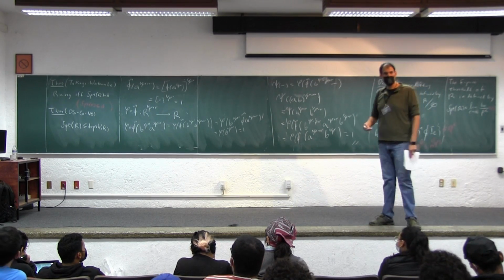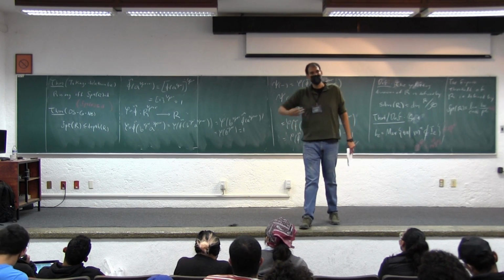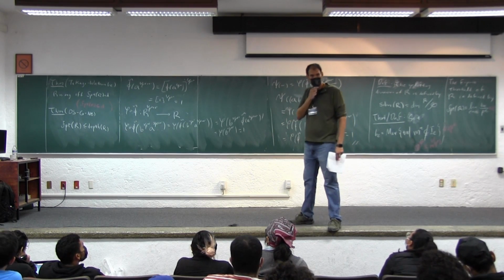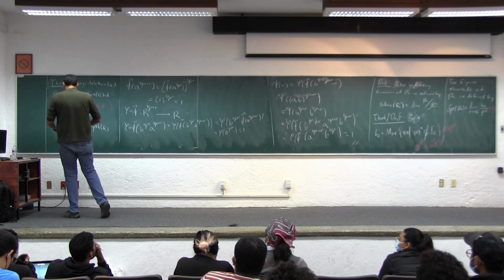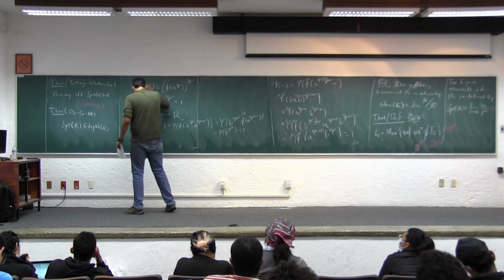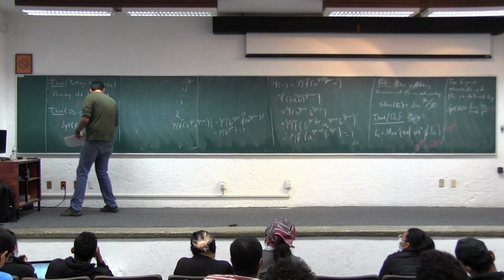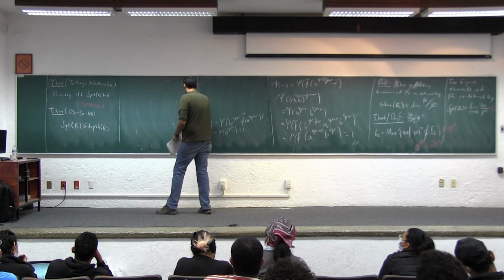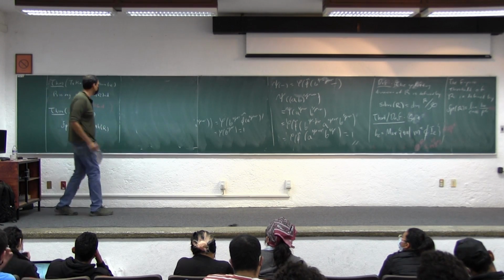So it can help us to see whether something is Cohen-Macaulay: the bigger the FPT, the closer to being Cohen-Macaulay the ring is. Okay? So let's just prove the theorem.